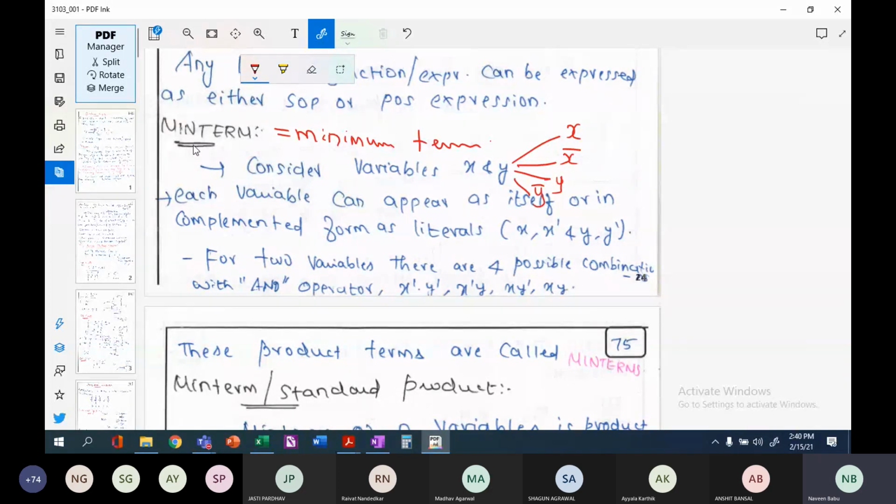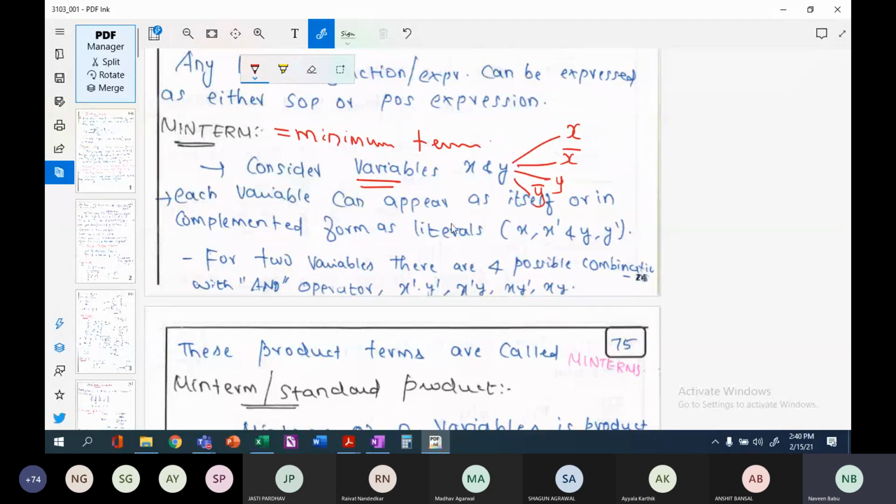Now, if you have a min term with just two variables, there are four literals here. So four different possible combinations of these literals are called min terms.